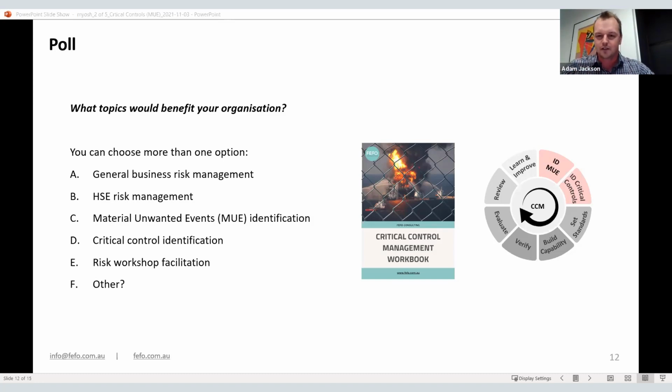Okay, so 8% of people said general business risk management, 13% said HSE risk management, identifying material unwanted events was 15%, and then the top two, critical control identification at 28% and risk workshop facilitating 36%. So in general, the preference is to benefit from assistance in identifying critical controls and facilitating some of those risk workshops that inform that.